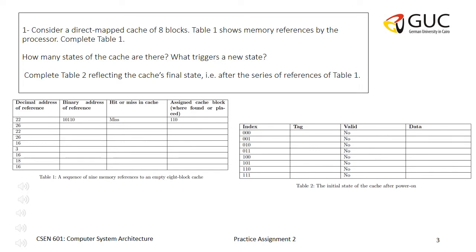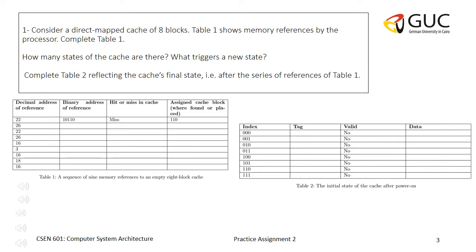The tag field is the remaining of the address. What the remaining means is, if you have an address of 32 bits and we want to access this address from the cache, we have 3 bits for the index and the remaining is considered the tag field. So if we have an address of 32 bits, 3 bits are taken for the index, and 29 bits are taken for the tag.